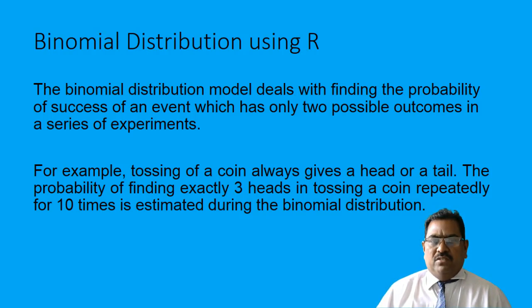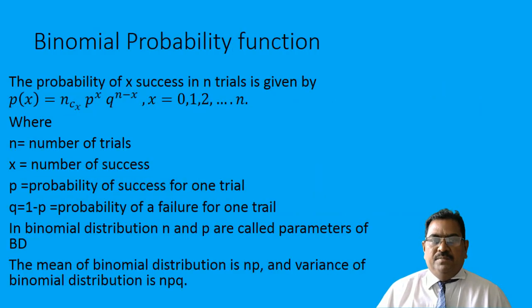In such situations we can apply binomial distribution. For example, tossing a coin always gives a head or tail, so we can apply binomial distribution. The probability of finding exactly 3 heads in tossing a coin repeatedly 10 times is estimated using the binomial distribution. This is one example of binomial distribution.